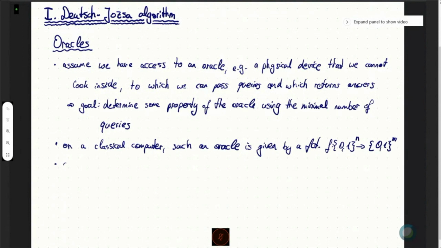However, on a quantum computer, we learned yesterday that everything has to be unitary and reversible. So also the oracle needs to be reversible.